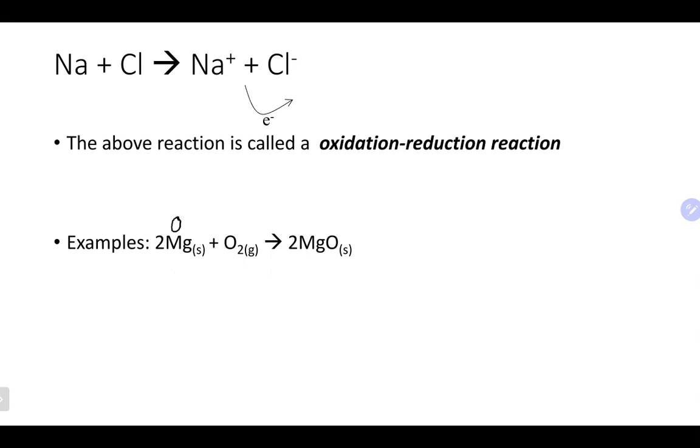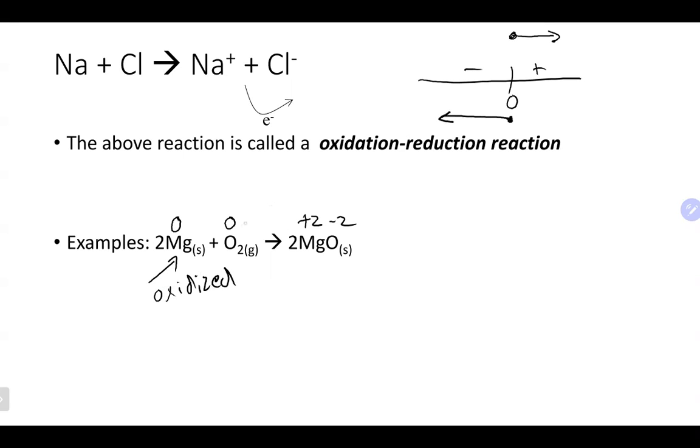The oxygen is by itself, which is 0. But when those two come together, our magnesium on the right there has a +2 charge. Our oxygen has a -2 charge. So again, if we use that number line, the magnesium is starting at 0, ending at +2, which means it is being oxidized as we would expect. The oxygen is starting at 0, ending at -2, which means it is being reduced in this case.